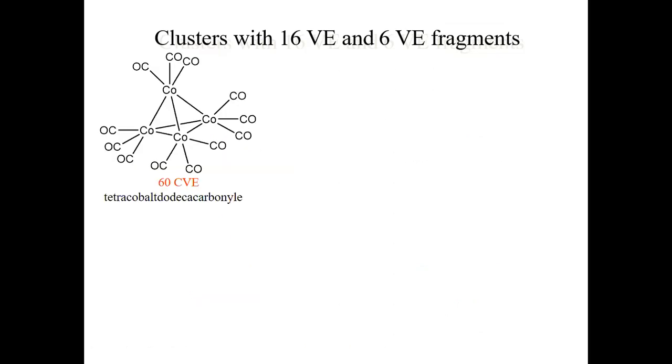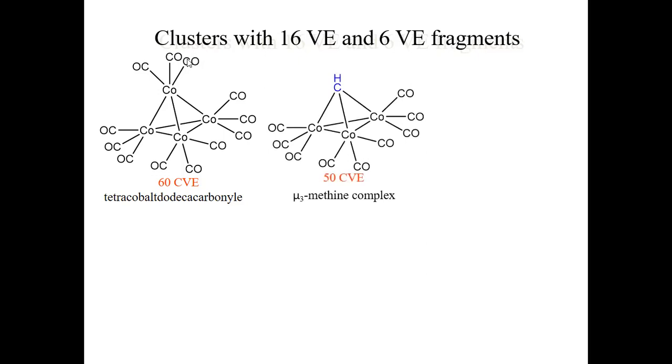So now we can do this with the tetrameric clusters as well, just according to the same logic. It's just that we have to replace a 15-valence electron organometallic unit by a 5-valence electron organic unit. So we have previously seen that a 5-electron unit is a CH fragment. So we can replace a CCO3 unit by a CH unit. Okay.